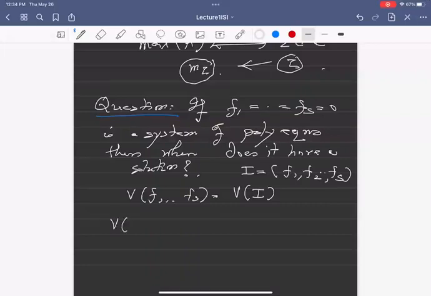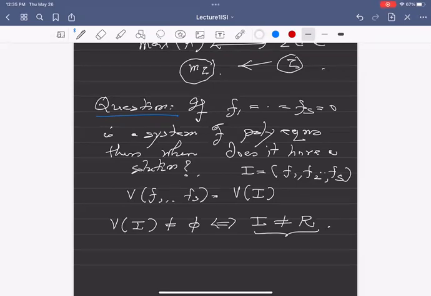The zero set, the variety of I, is non-empty if and only if I is not the whole ring. What will go wrong if I is the whole ring? Why is the zero set of polynomials in I empty?